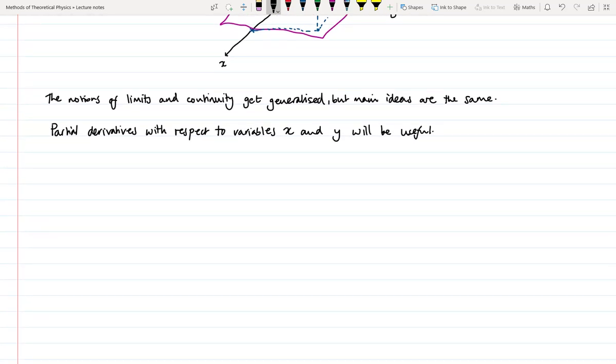These are defined as for normal derivatives by a limit. For example, the partial derivative of f with respect to x we denote like this.